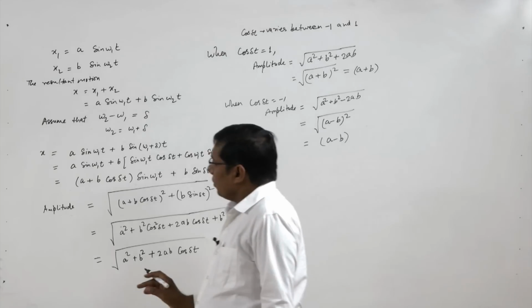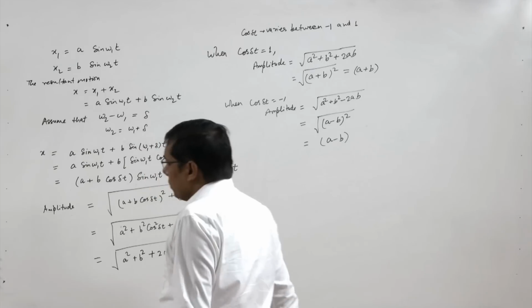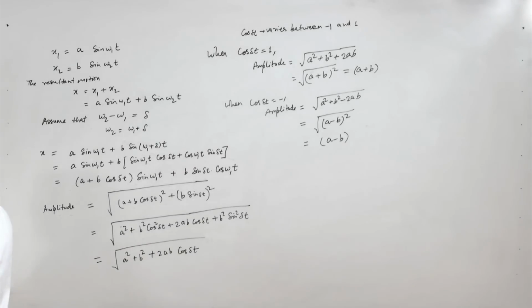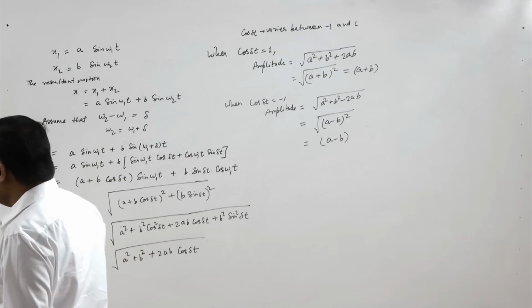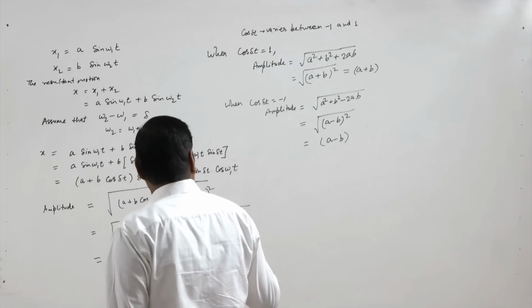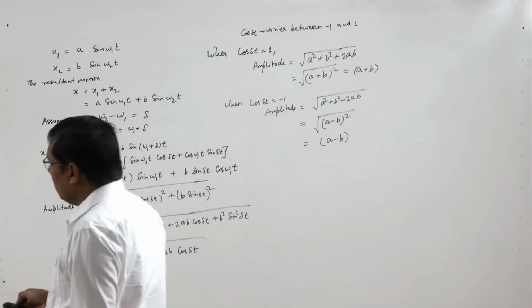So therefore, when we have the two motions x1 equal to a sin omega 1 t and x2 equal to b sin omega 2 t, the resultant motion will have the maximum amplitude a plus b.